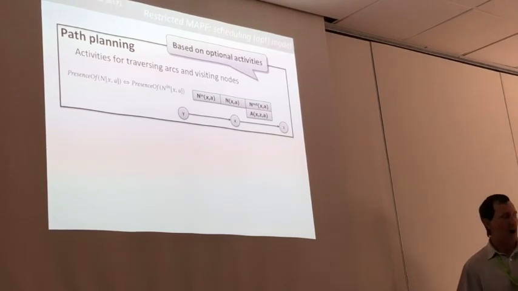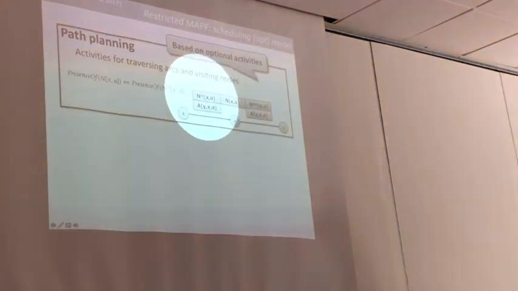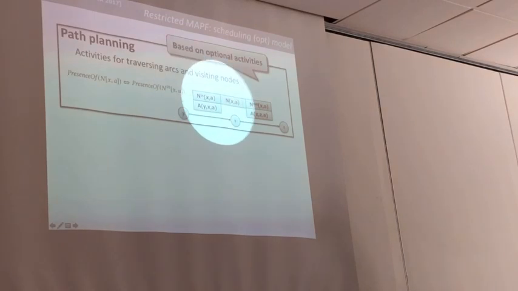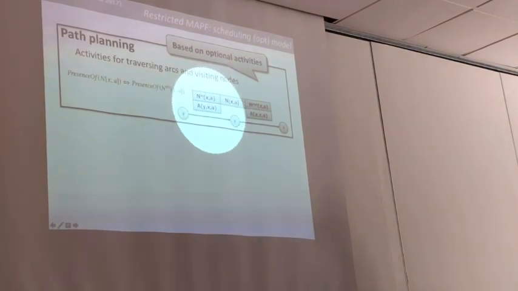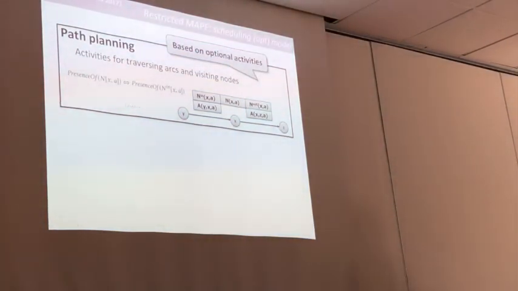And for each arc, we also describe specific activities if the agent is using them. Okay? And then these activities are also connected. So for example, if I'm entering the node, I know that this activity must be used. If this activity is used, then I must enter the node. That's the idea. So they are somehow connected. Okay? So these are alternative ways how we can enter the node.